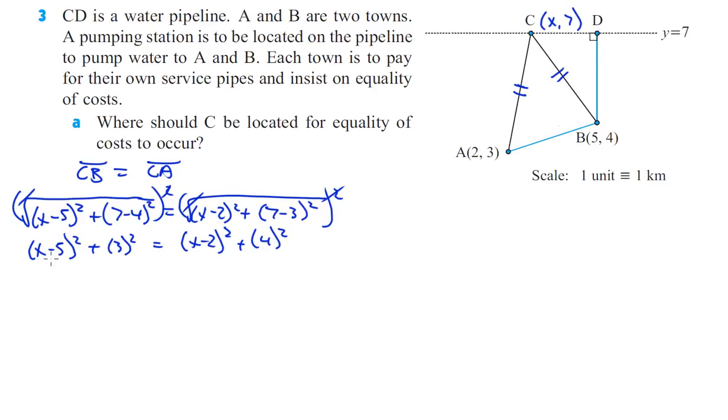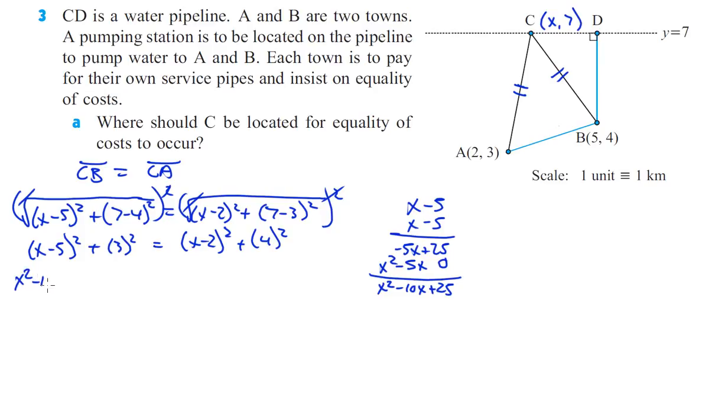So again, we got to actually multiply the x minus 5 squared out. X minus 5 times x minus 5. Negative 5 times negative 5 is 25. Negative 5 times x is negative 5x. 0 in to hold the spot. X times negative 5 is negative 5x, and x times x is x squared. So that gives us x squared minus 10x plus 25 over here.